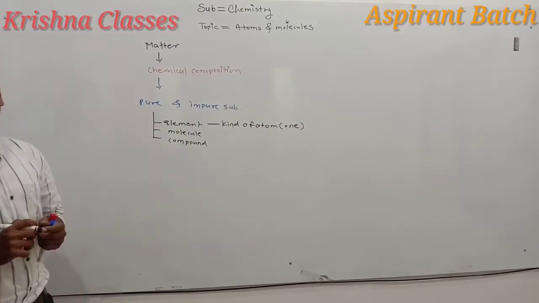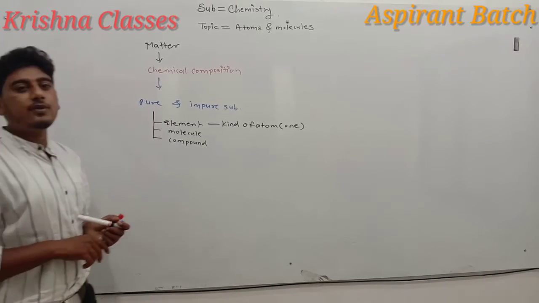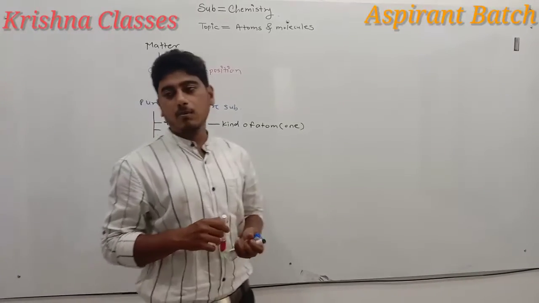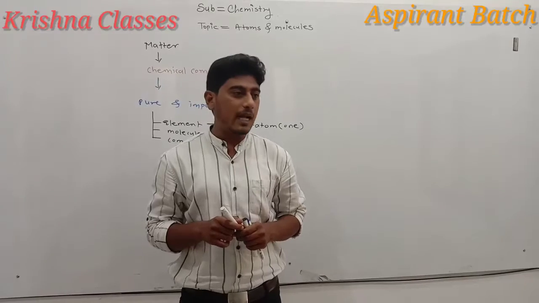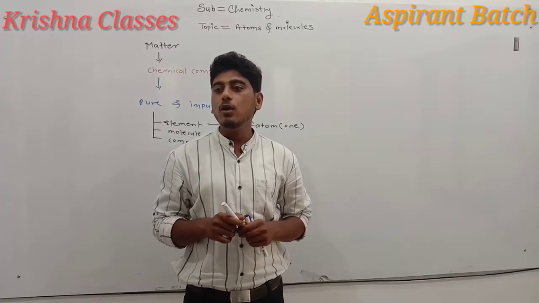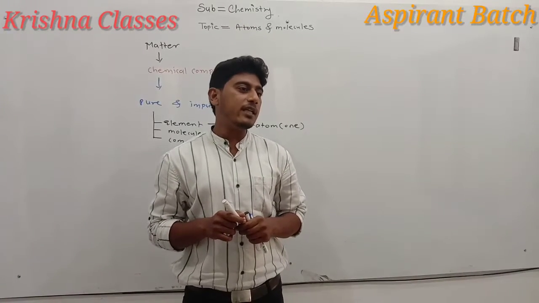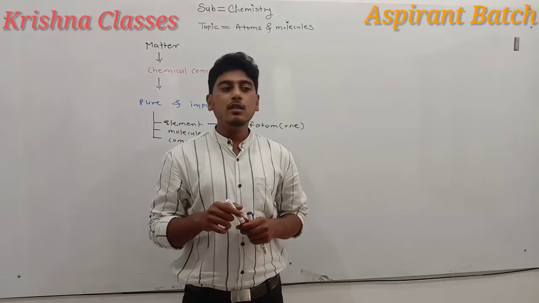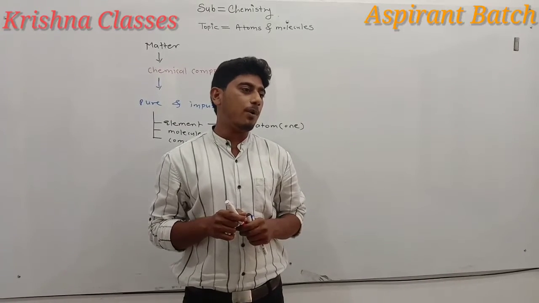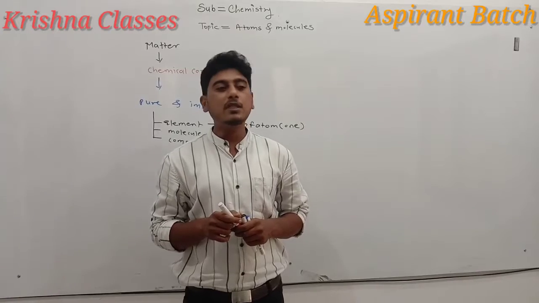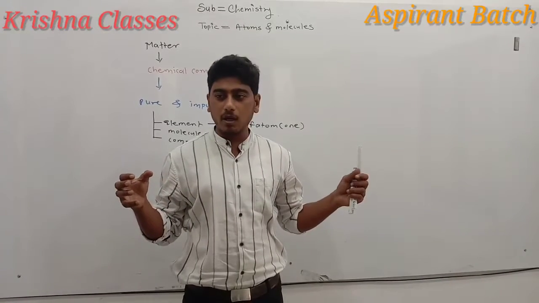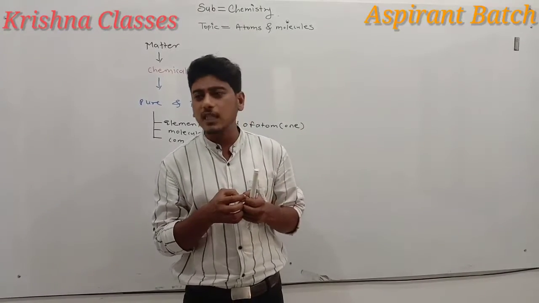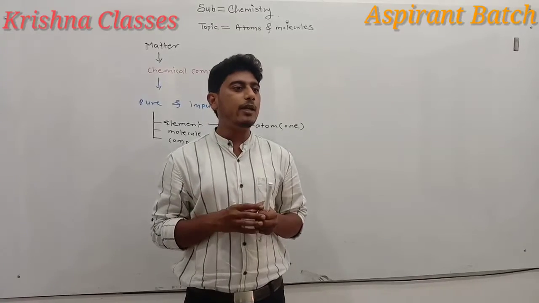Then molecules. Molecules are atoms which are bonded together, representing a specific type of compound. These atoms are bonded together by various types of bond, just like covalent bond, just like ionic bond.